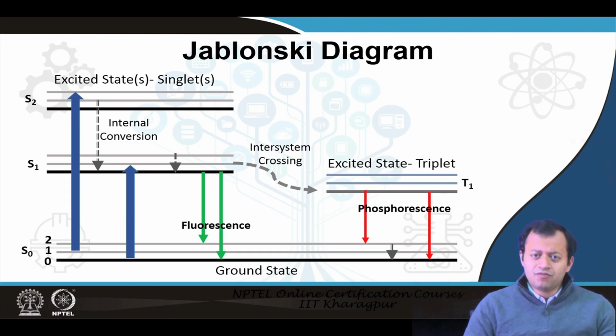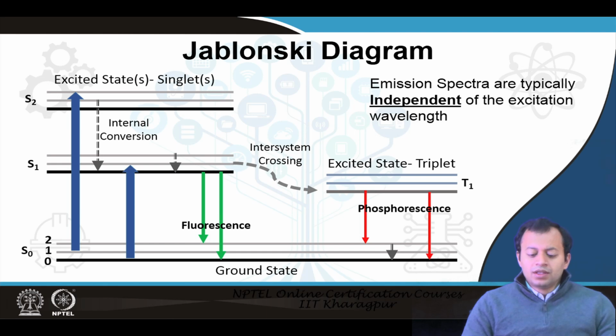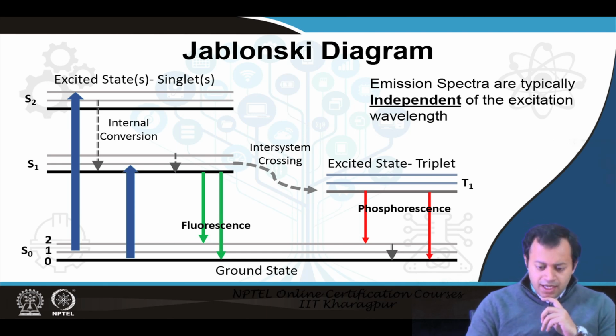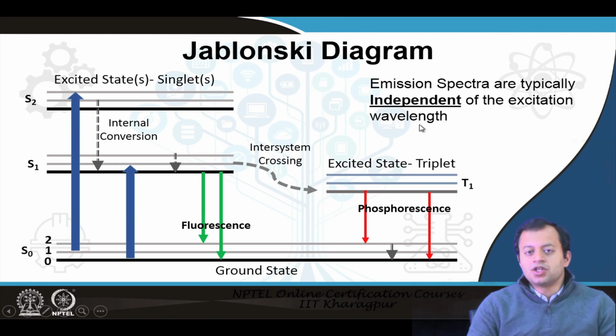However, in real life you also see the same material giving you a combination of fluorescence and phosphorescence, that is also there. So, the fundamental thing you have to understand here is that emission spectra are typically independent of excitation wavelength. What does that mean?